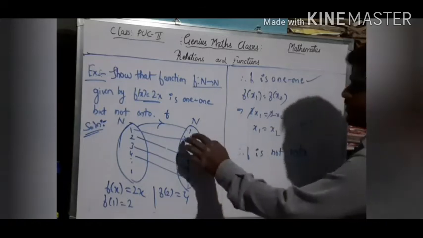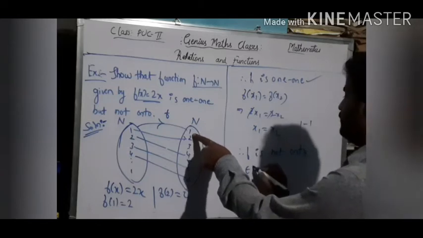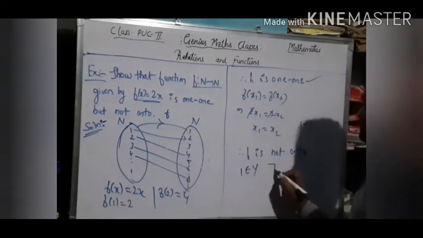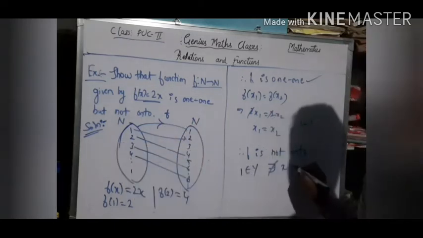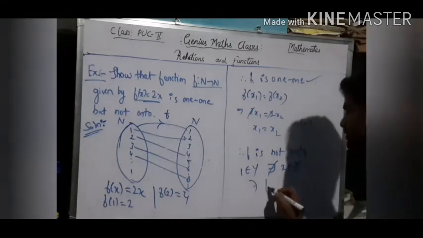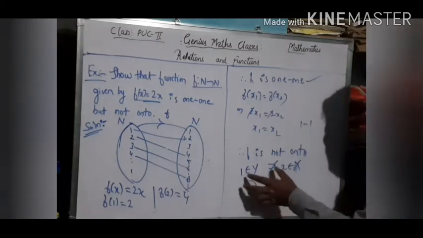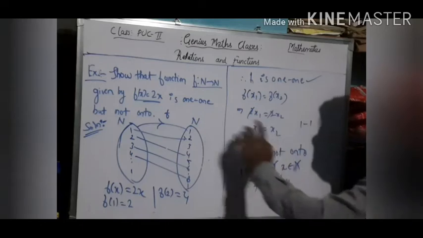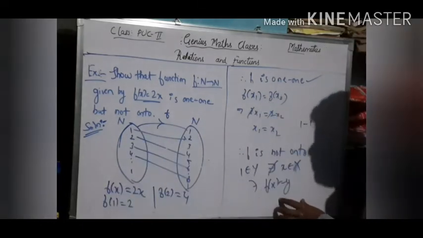If you consider 1 belonging to Y, there doesn't exist any x in N such that f of x equals y.